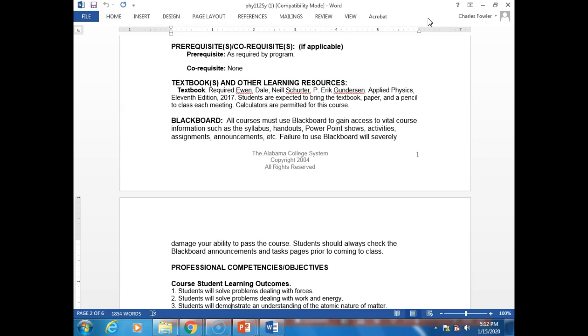The textbook is this one. It's Applied Physics, 11th edition. Okay, written by Dale Ewan, Neil Schurter, and P. Eric Gunderson. Okay, it's a Pearson book. The only reason we're using it is that when we set up the program here, I think there was only one other program in the state.